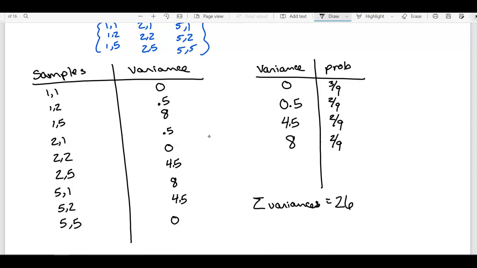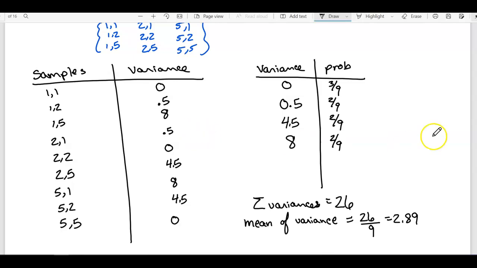So now we're going to find the mean of all those. To find the mean, we're going to take that sum and divide by 9. And that's going to give us a 2.89.